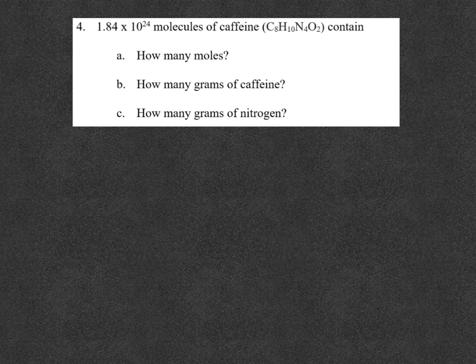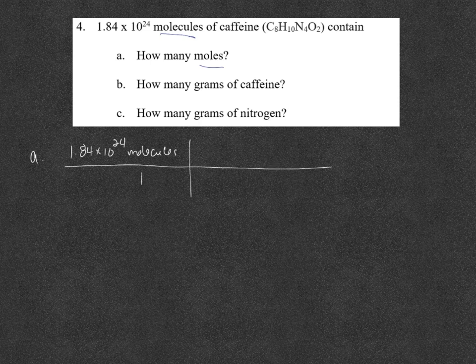Okay, so question 4, we're dealing with caffeine, which is C8H10N4O2. And first question is we want to know how many moles there are. So if we have a certain amount of molecules, and I want to go to moles, mole is mentioned once, one conversion. So it's going to be 1.84 times 10 to the 24 molecules.